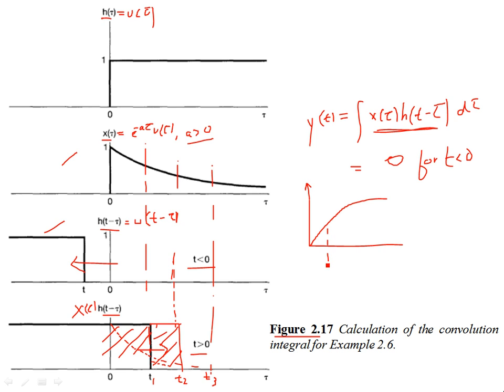At t1 you have a certain region that is overlapping. At t2 there is more overlap, at t3 even more overlap. But since x(tau) is also decaying, the output y(t) will be limited by a certain value. So that would be the case.